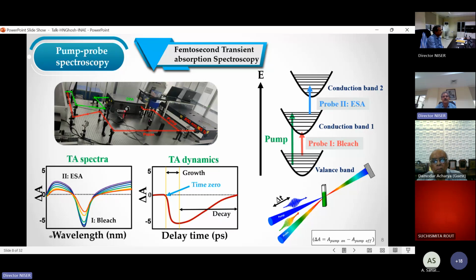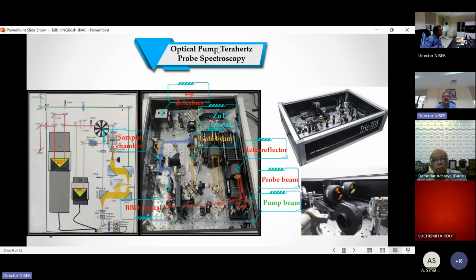And that's the way one can do it. In addition to that, we have also developed femtosecond pump probe terahertz spectroscopy, where the energy of the probe photon is very low, at around 100 microns, like microwave. There we measure important parameters of the carriers, such as conductivity and mobility.